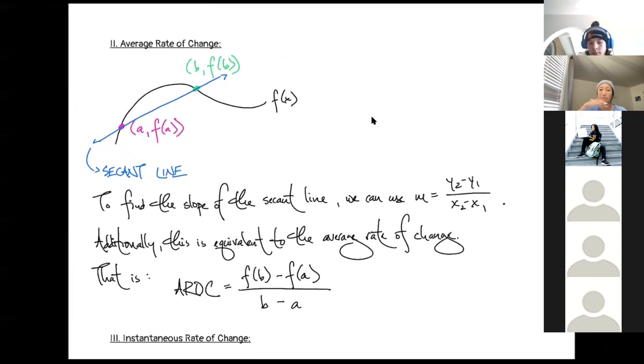All right, so I know that was a lot of writing, but I'll give you a moment to finish copying that down, and let's see if there are any clarifying questions before we move on to the instantaneous rate of change.